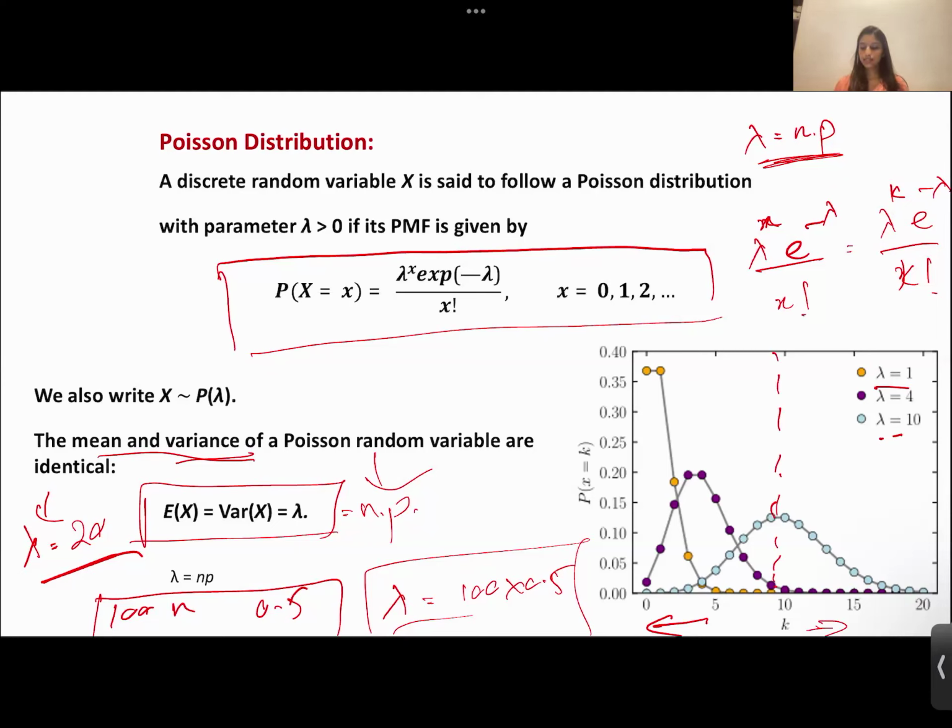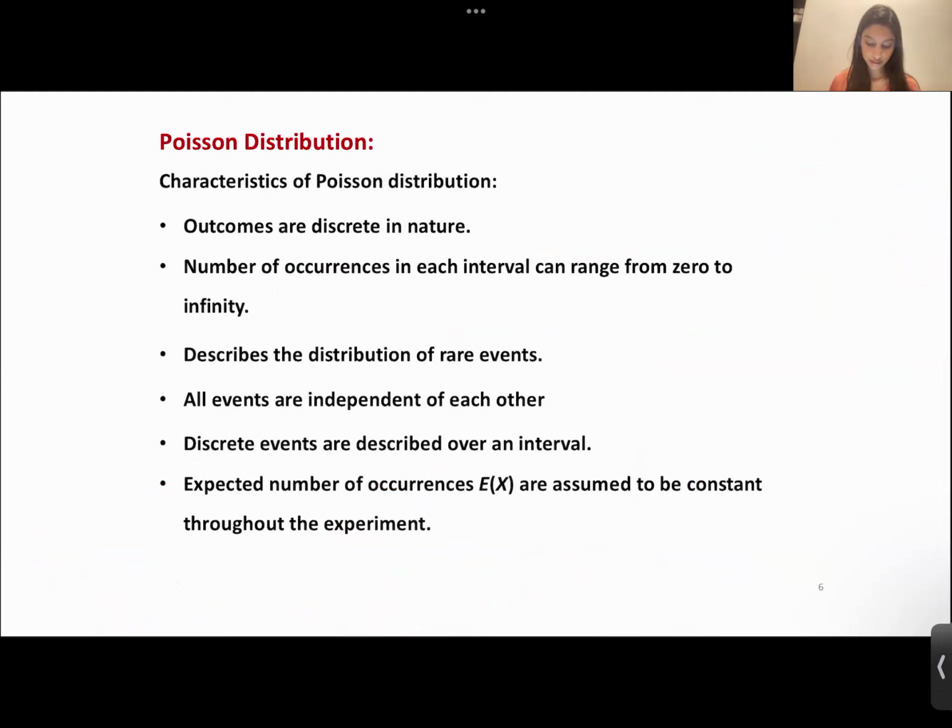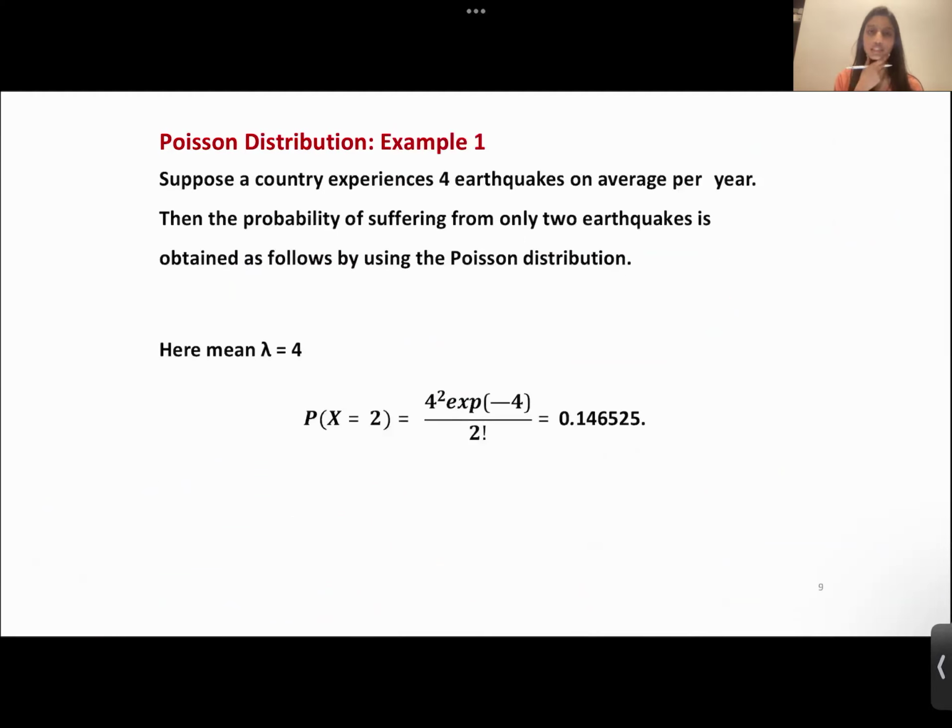It also makes sense that your variance and the spread are much higher in this curve, whereas the variance is smaller here and the spread of the curve is very small. Those are things that make sense when you think about it. And here's just an example.